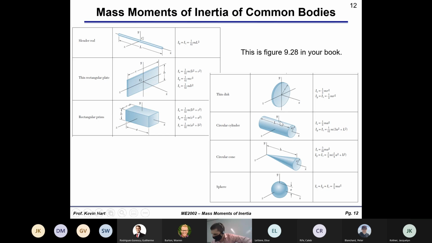So you can look at I_y or I_z, they're equivalent. It's going to be 1/12 m times the quantity 3 times a squared, where a is the radius of the piece, plus the length squared. Yikes. But that's okay, we can do it. So I'm just going to copy that down here quickly.